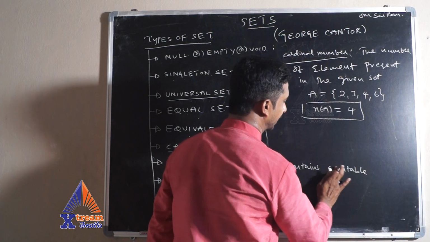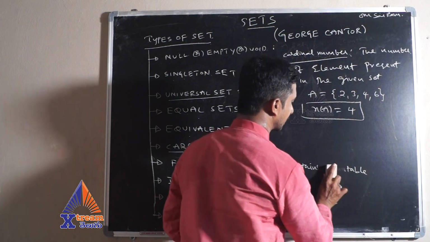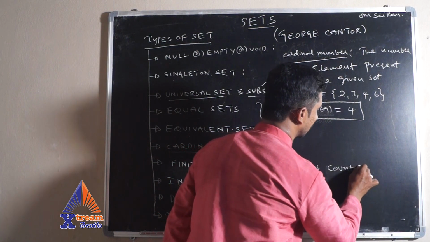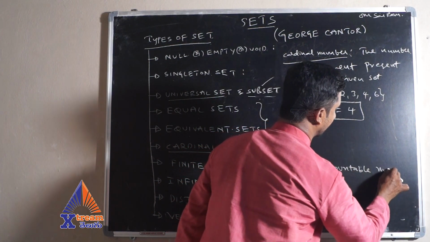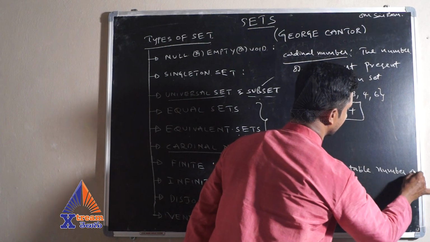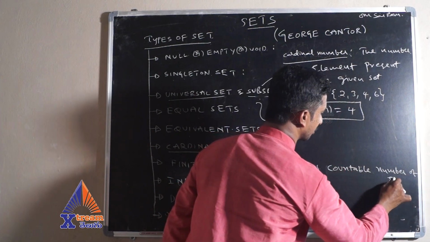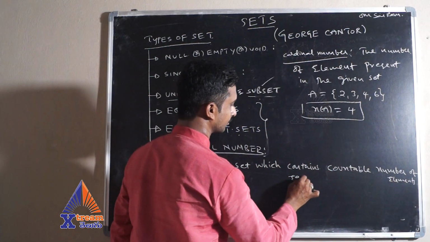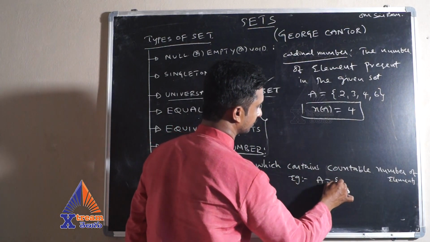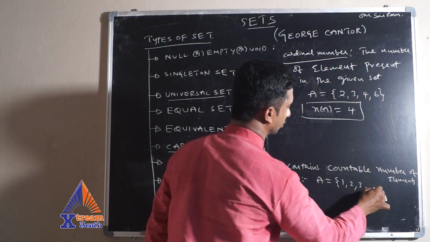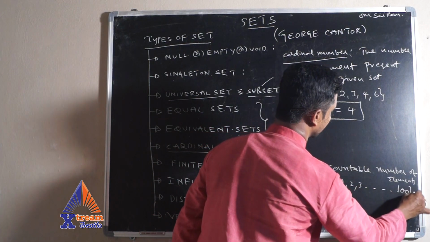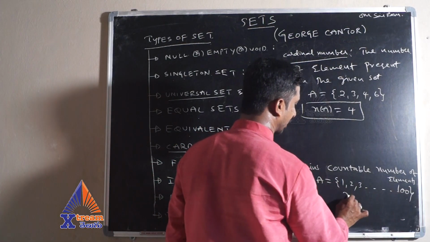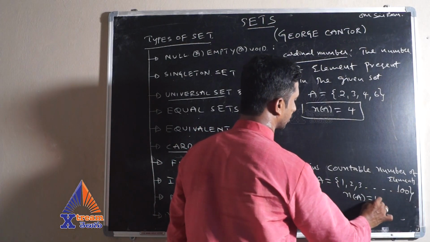Example, A is equal to 1, 2, 3, and so on to 100. So how many elements are there? So on to 100, so n of A is 100. So it is countable.